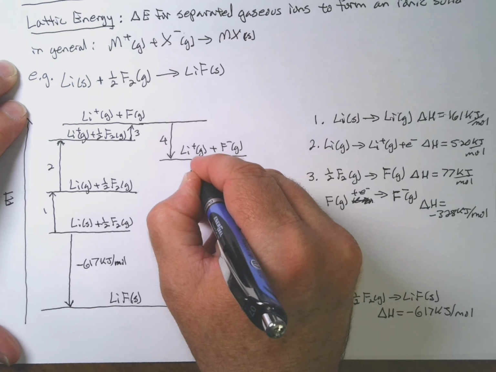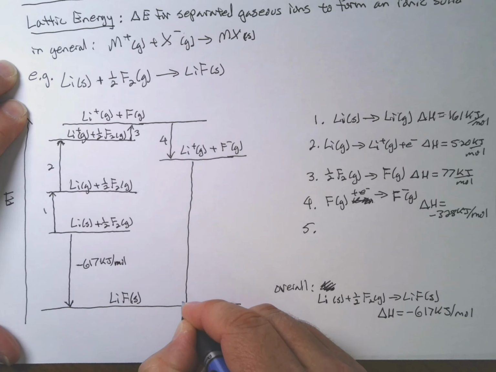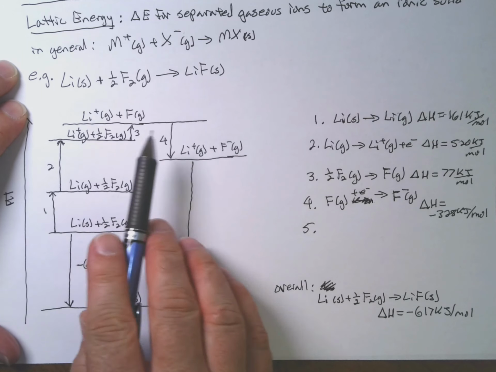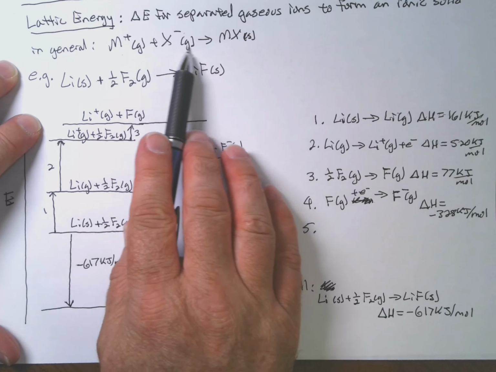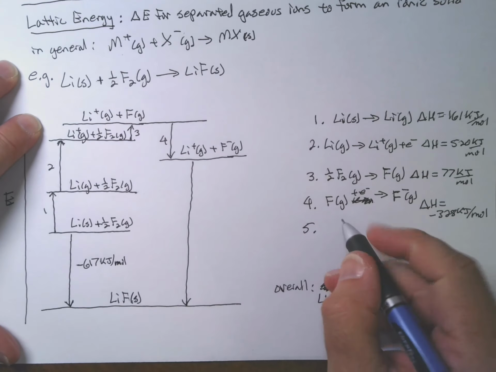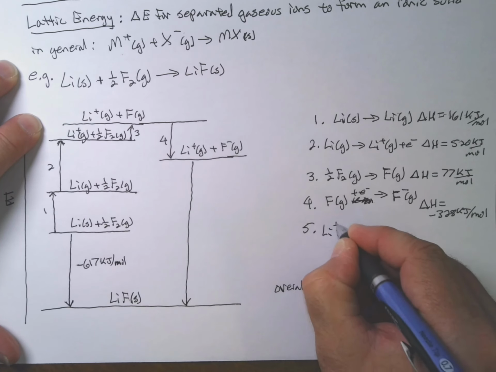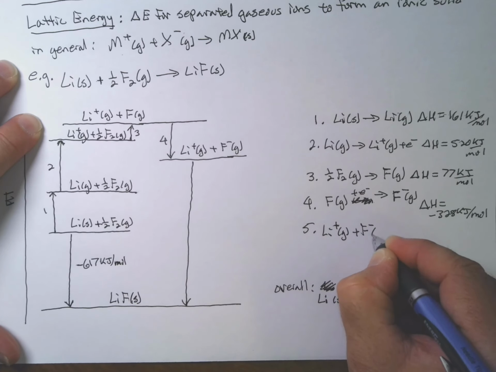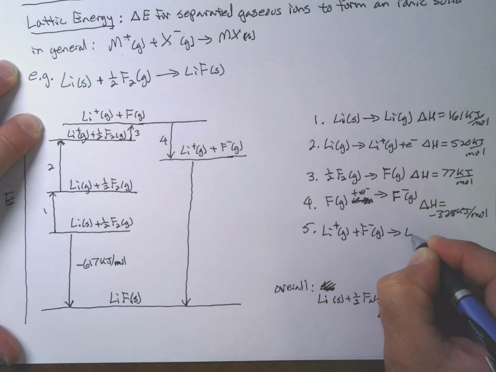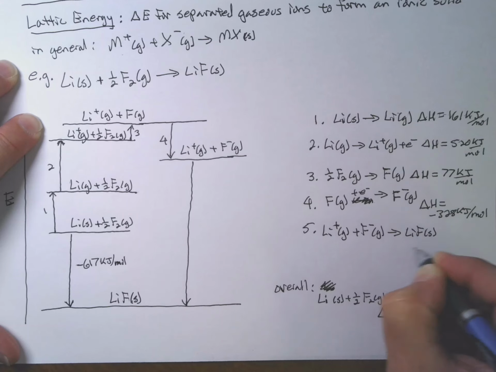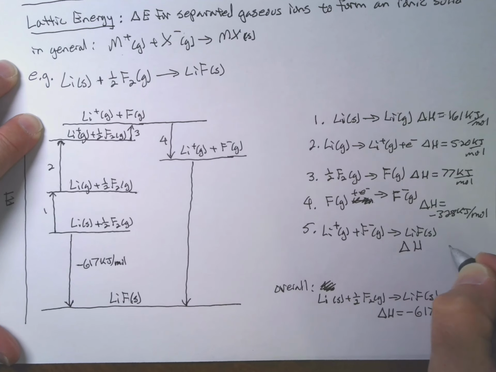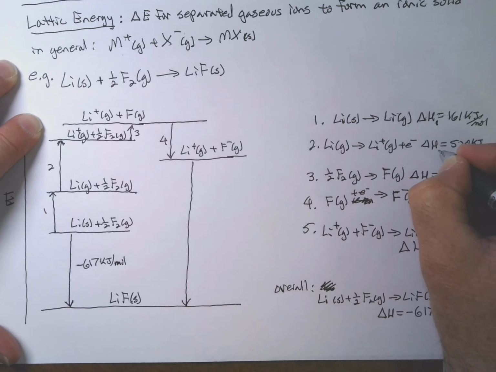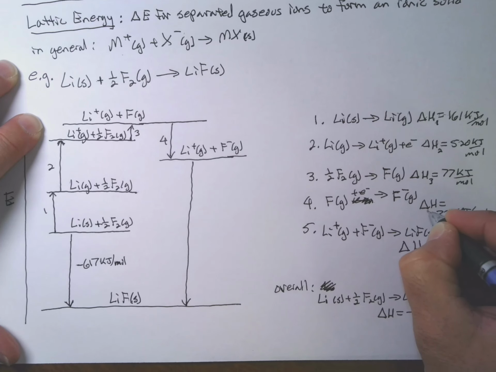So my last step here is these two guys combining. And it's this type of reaction here. So it's Li plus gas plus F minus gas react to give LiF solid. And now my delta H here, I could call these delta H 1, 2, 3, 4, oops, 4.